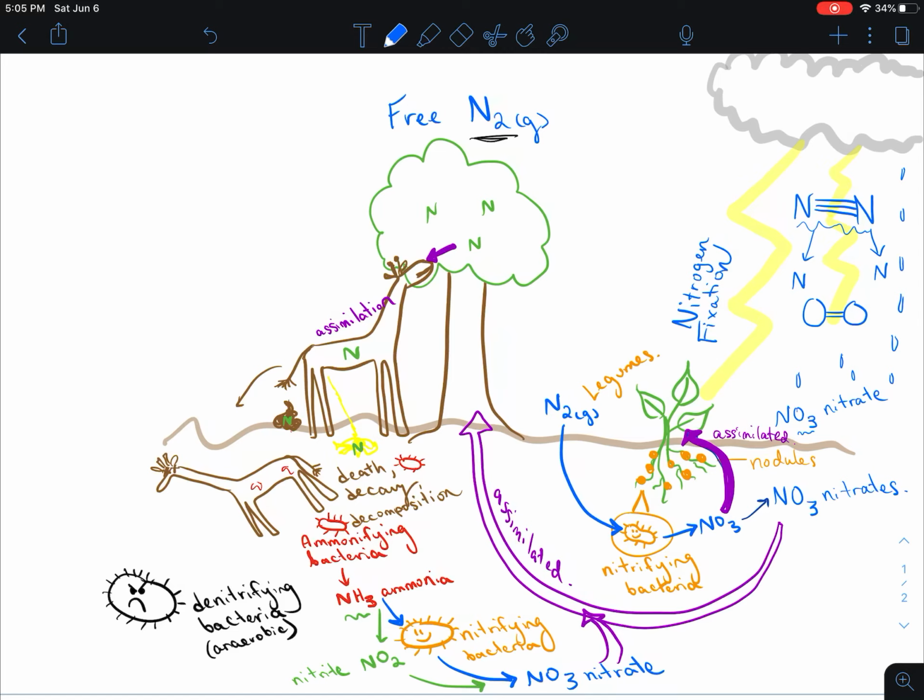Okay, so let's just do a little shortcut here. Let's say that some of this ammonia got turned by the nitrifying bacteria into nitrate, NO3. And that nitrate gets eaten up by this denitrifying bacteria, and he turns it back into free nitrogen.